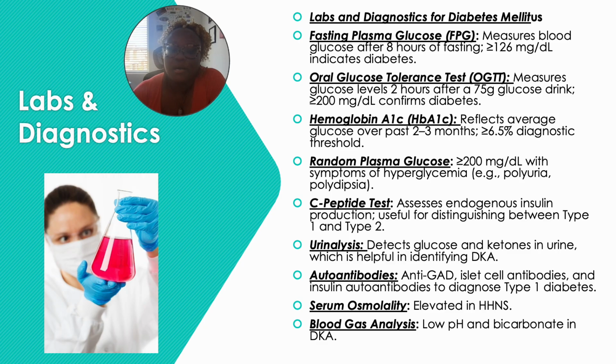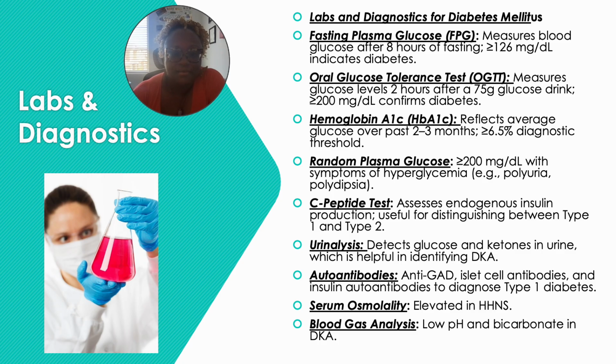The oral glucose tolerance test, or OGTT, this measures glucose levels over 2 hours after a 75 gram glucose drink. So we're going to provide them with a sugary drink. We're going to wait 2 hours.